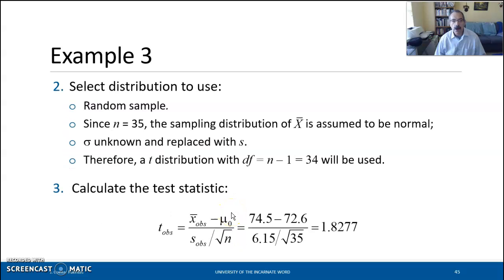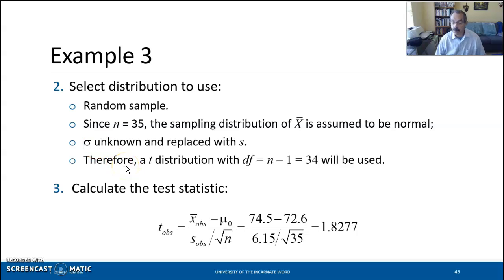All right, so now this is a random sample that implies independent observations. The sample size is 35. So based on the central limit theorem, we can say that the sampling distribution of the mean is normal. The population standard deviation is unknown, but we know the sample standard deviation, and we'll use that to replace sigma.